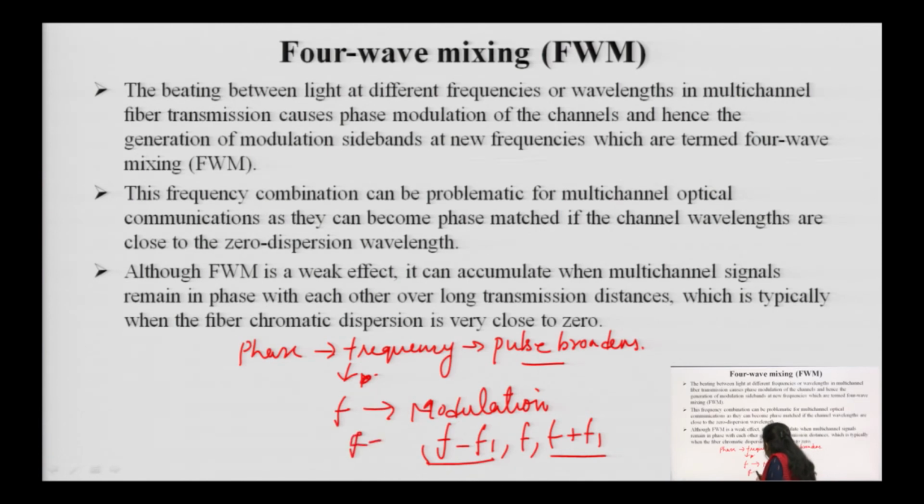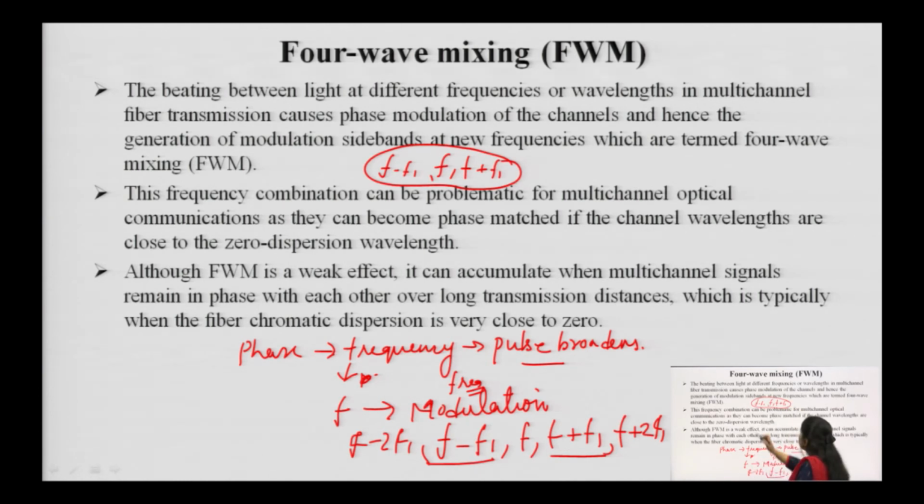Similarly, f minus 2 f1 or f plus 2 f1. These are the conditions which occur when we have a frequency modulation, and this will occur as a sideband, because if we take any frequency adjacent to the initial frequency f, it will be represented as a sideband to it. So, there is generation of modulation sideband at a new frequency.